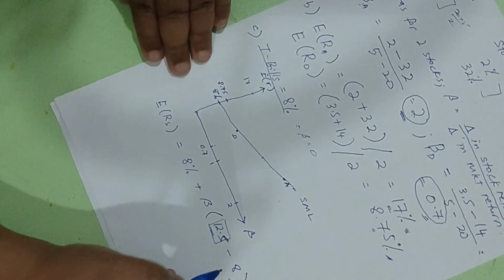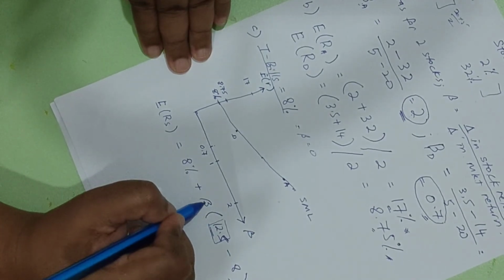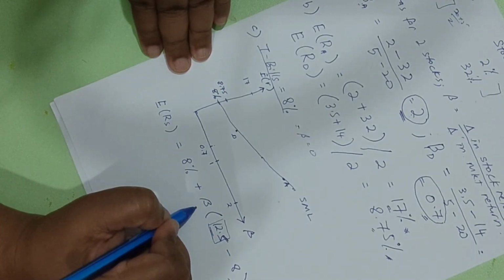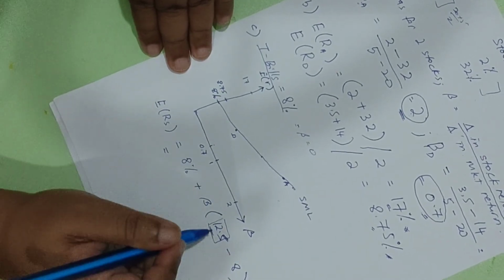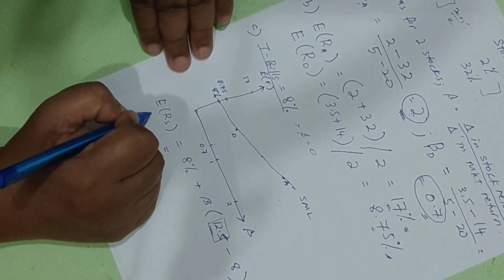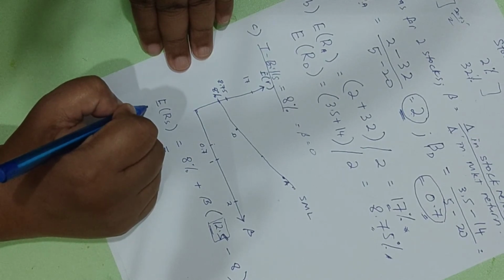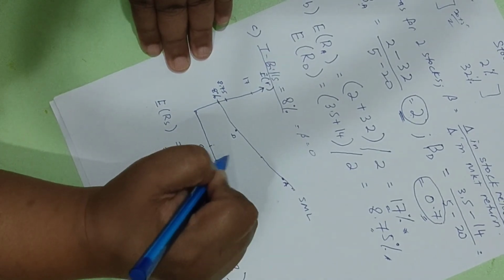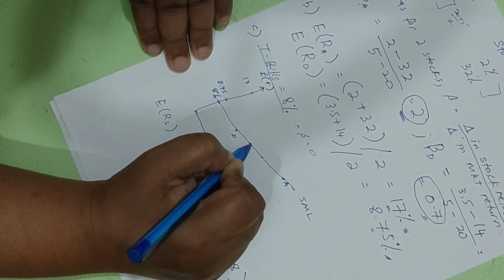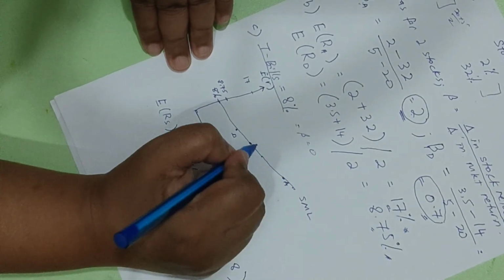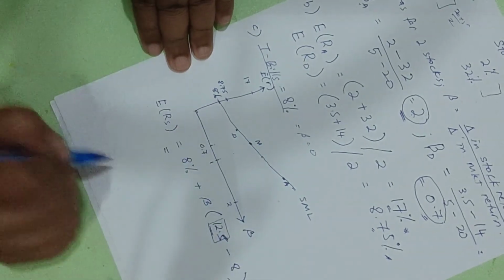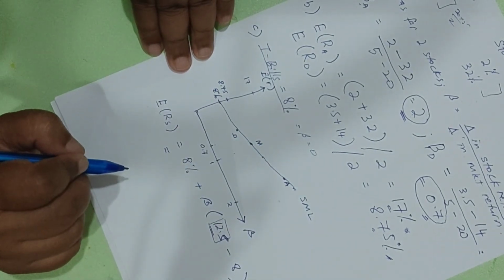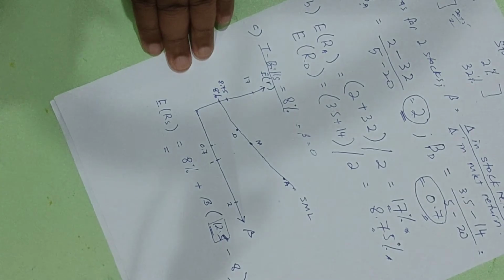So if beta is 1, you will get the figure here. So here is the market one. This is your SML.